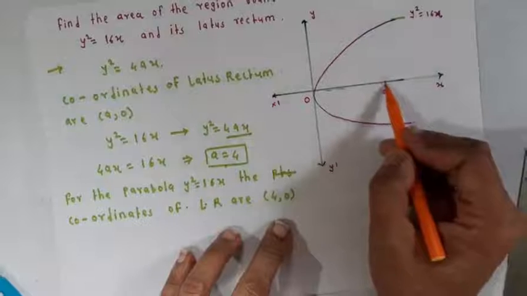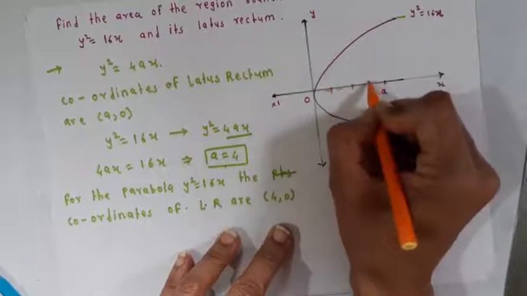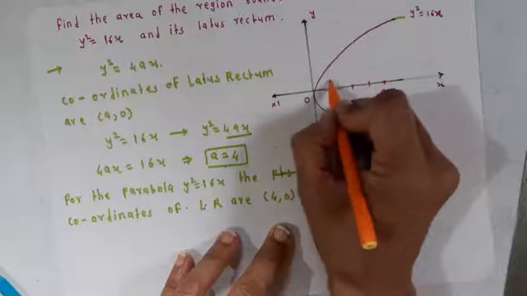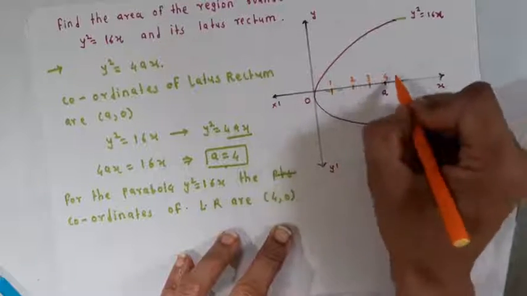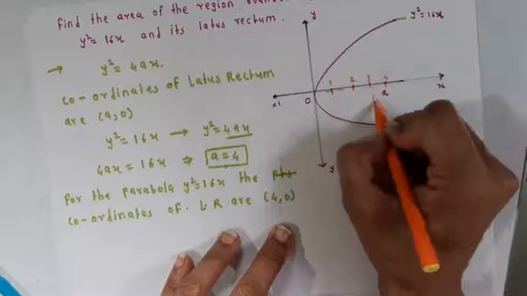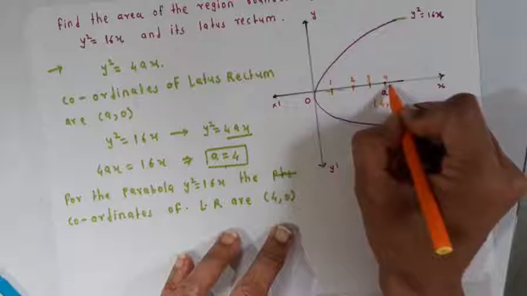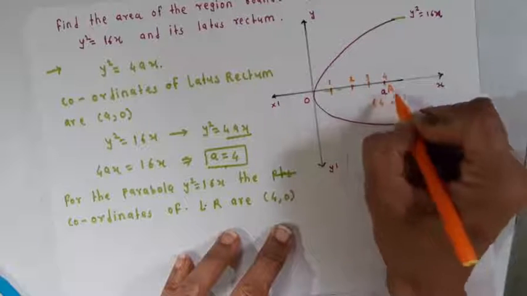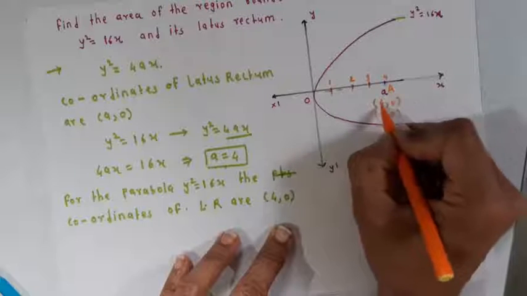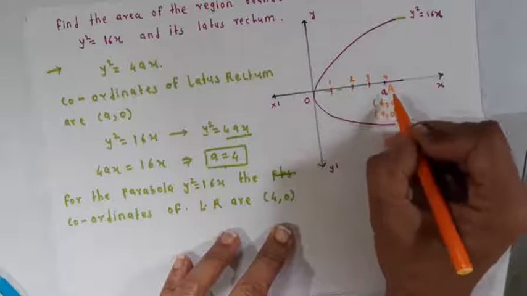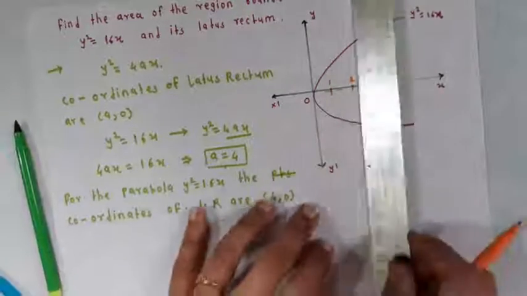Here 1, 2, 3, 4. Suppose this is the point A. Here a equal to 4, that's why (4, 0) is the point through which the latus rectum passes.